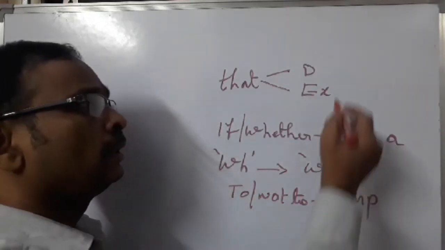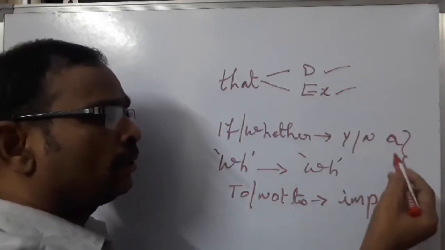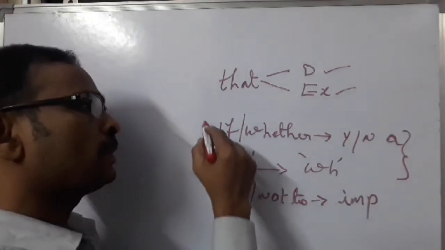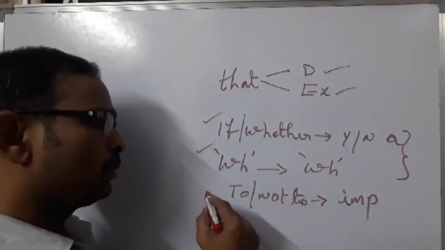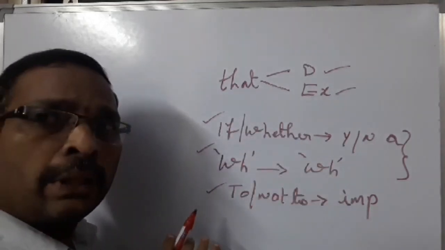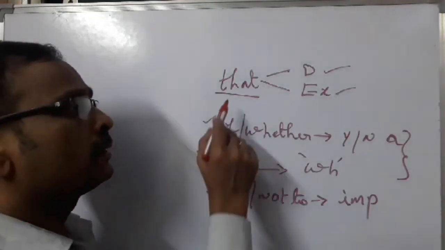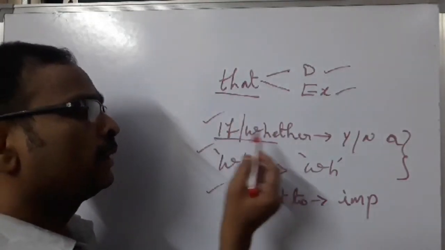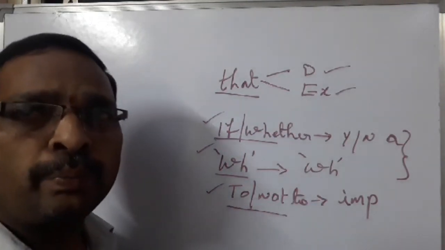So declarative, exclamatory, interrogative with two types, yes or no type and WH type, and imperative. All four types are covered here, and these are the connectors: that, if or whether, the WH word, and to and not to.